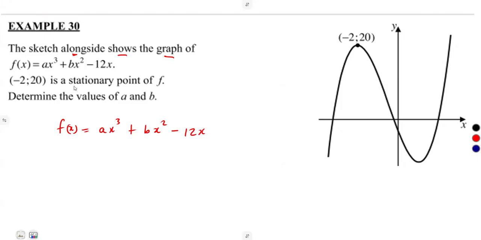Minus 2, minus 20 is a stationary point of f. It is a turning point. So determine the values of a and b from that.